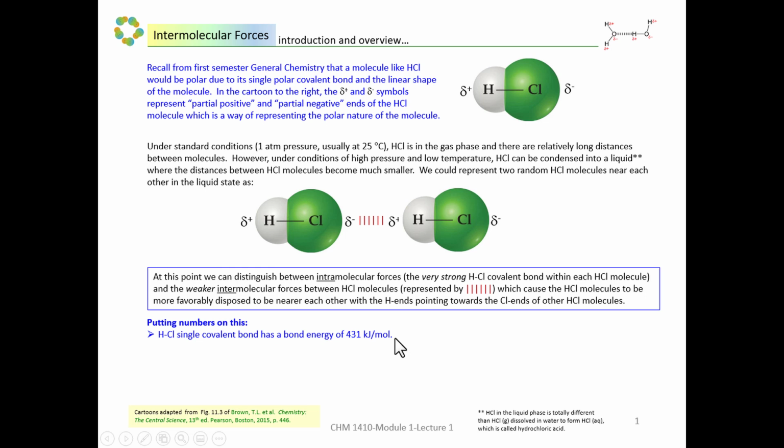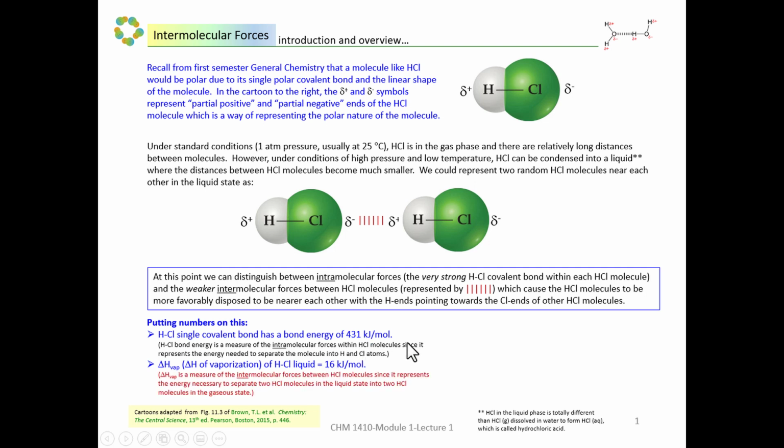Now that number may or may not mean anything to you, but let's compare it to another number, and the other number would be the heat of vaporization of HCl liquid, which has been measured to be 16 kilojoules per mole. Obviously 16 is much less than 431.